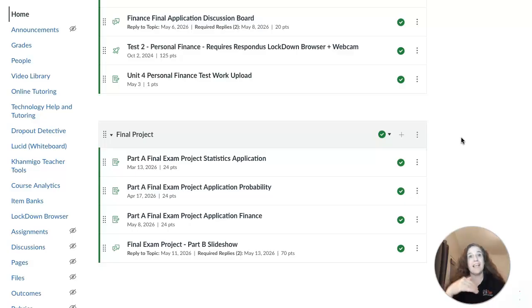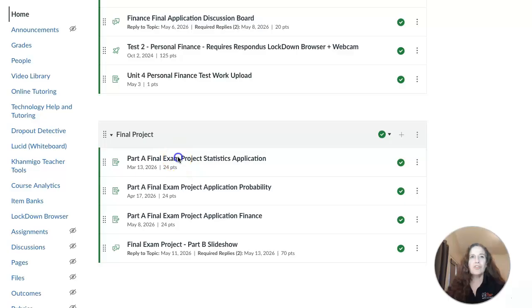And so at the end of each unit, you'll be completing part of your final project right after the unit. So you'll notice that they have different due dates as well. And then these three combine to be about 72 points. And then part B is a video presentation or like a slideshow, but you voice over the slideshow.